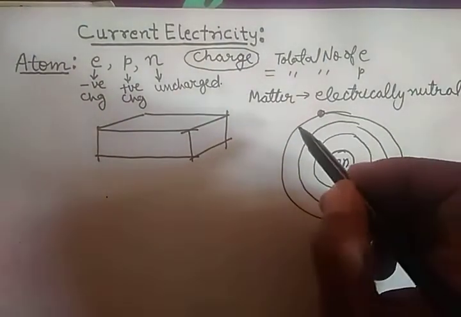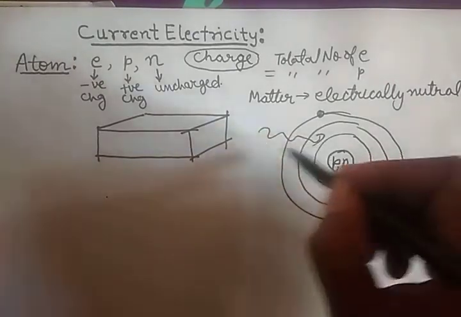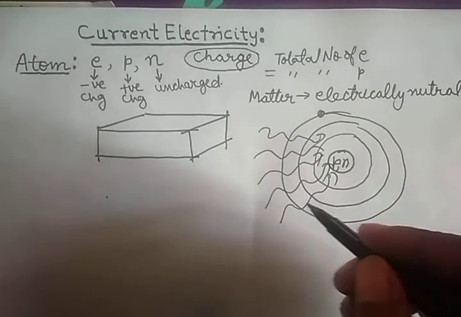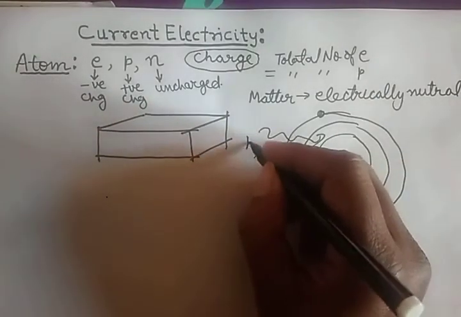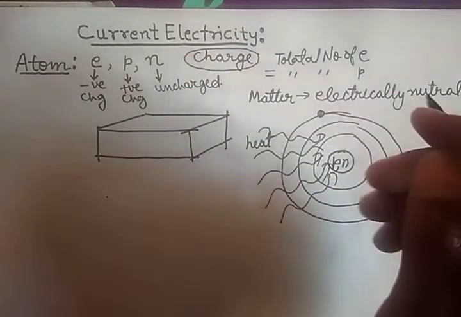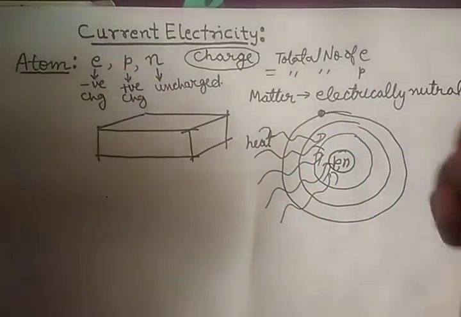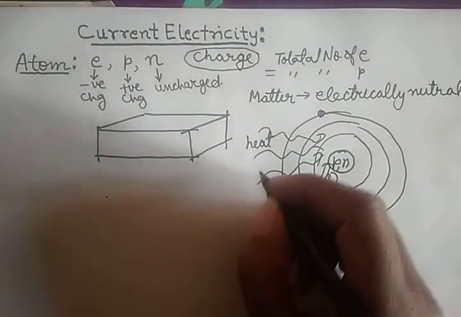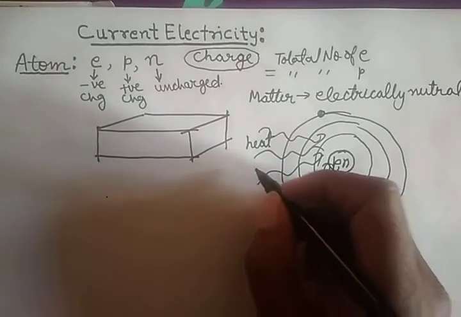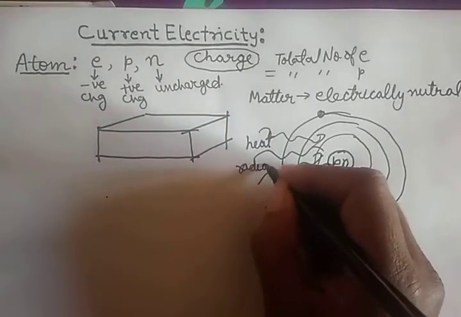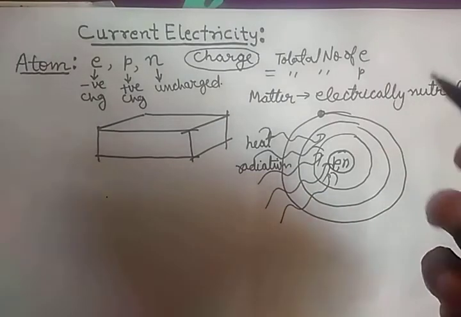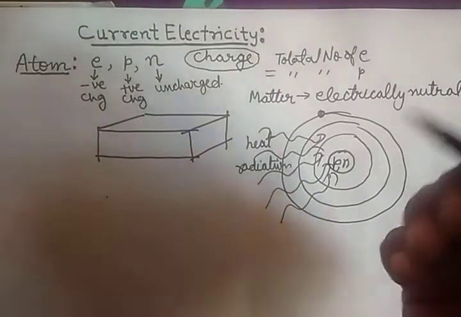So if we somehow give this atom some energy, in which form can this energy be? This energy can be in the form of heat, like when we rub a comb over our dry hair, or it can be in the form of radiation. Sometimes it happens that high radiation falls on a metal and it gets excited.